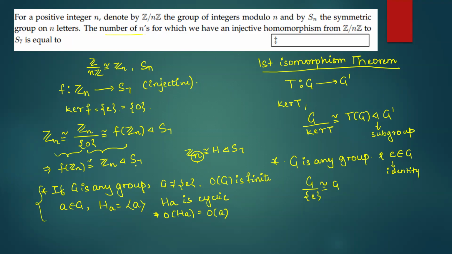So now in S7 I am looking for the cyclic subgroups, and what are the possibilities of the order of those cyclic subgroups. That is what we are looking for. And the order of elements in Sn we always see from the cycle decomposition. So here I have S7.